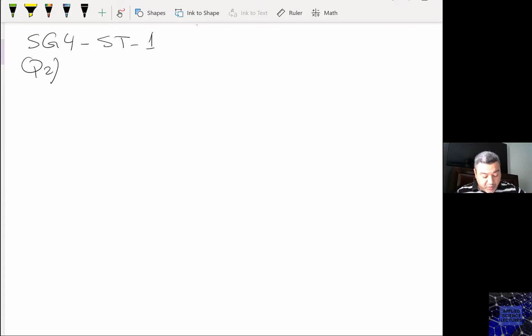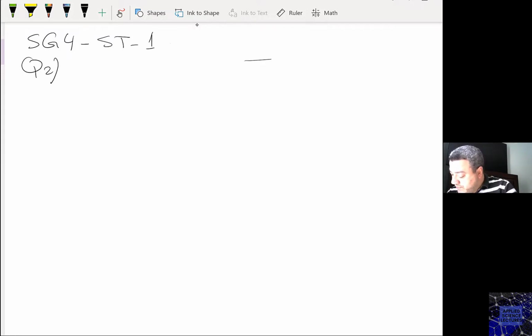A. Determine the work done on the ball by gravity on the way up to its maximum height. B. Determine the work done on the ball by gravity on the way down to the ocean from its maximum height. So let's start first by drawing.